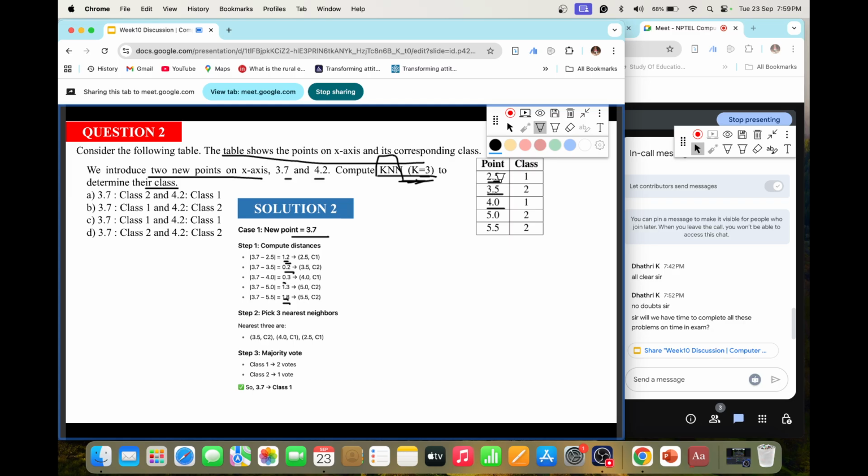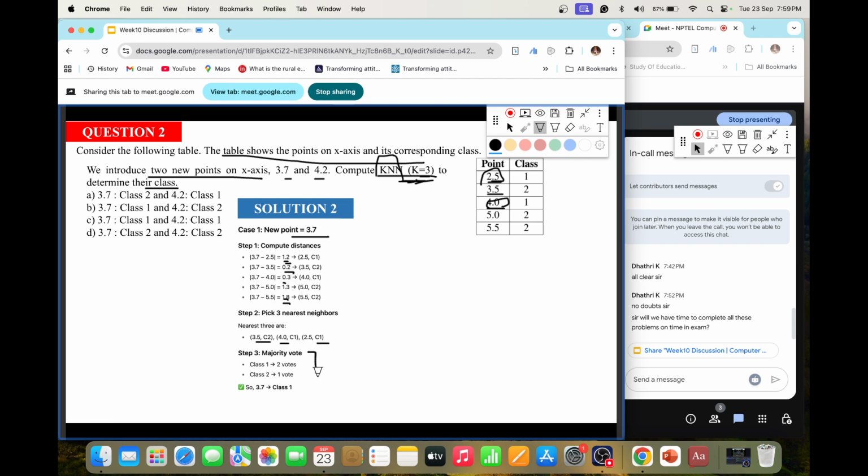These are the 3 nearest neighbors. For this 0.3, the class is C1, which is the point 4. For 0.2, the point 3.5, the class is C2. And for 1.2, the point 2.5, the class is C1.